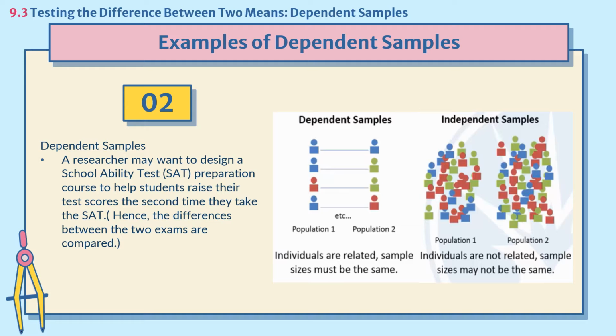A researcher may want to design a school ability test or SAT preparation course to help students raise their test scores the second time they take the SAT. So, meron ulit siyang pre-test and post-test. Kasi sabi niya, preparation to help the students for the second time they take the SAT. Hence, the differences between the two exams are compared.